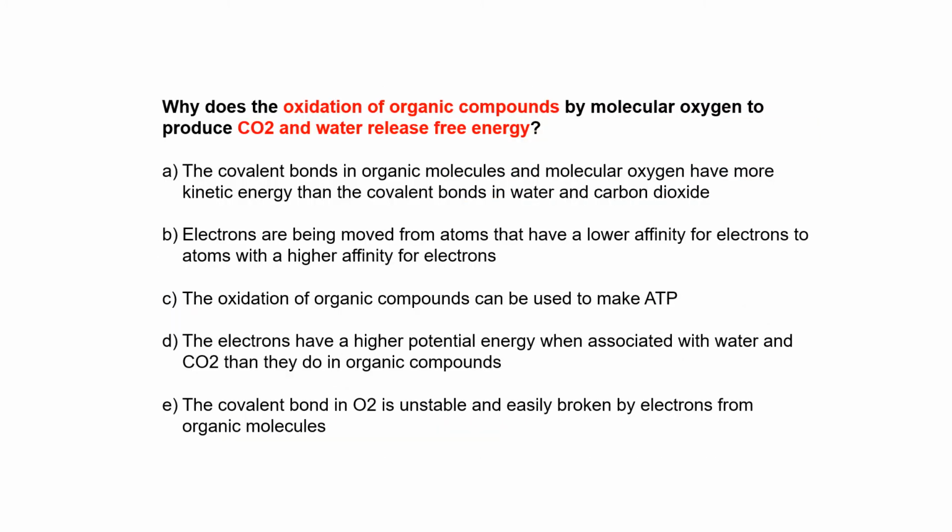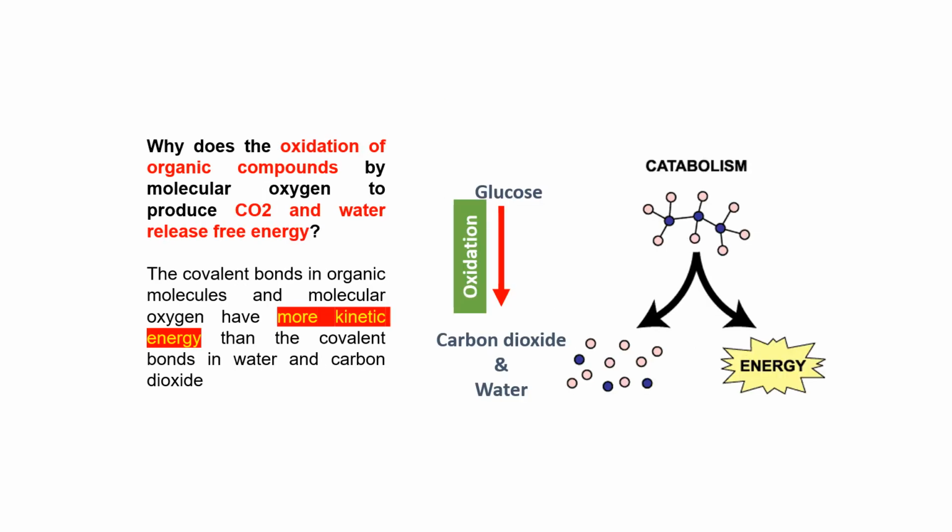Okay, this question we already answered before, but let's try to answer it again. Why does the oxidation of an organic compound by molecular oxygen to produce CO2 and water release free energy? This is the answer.